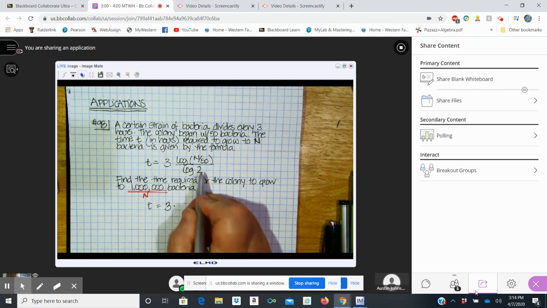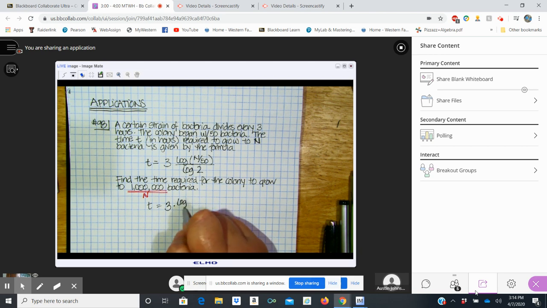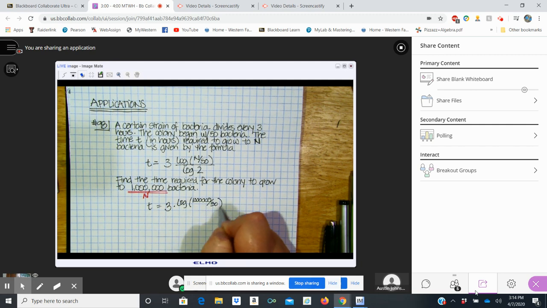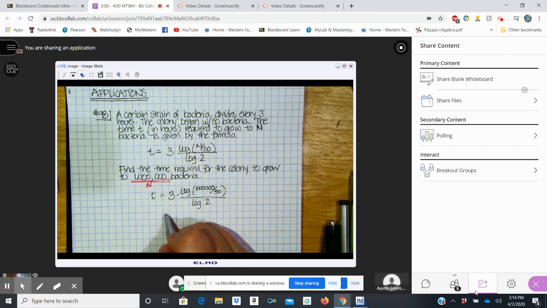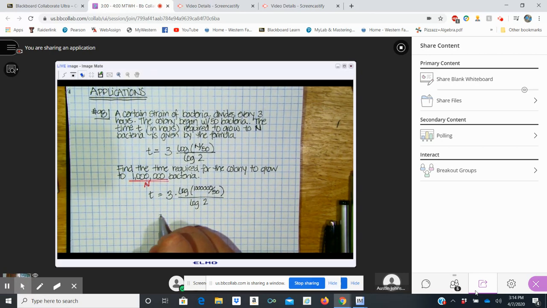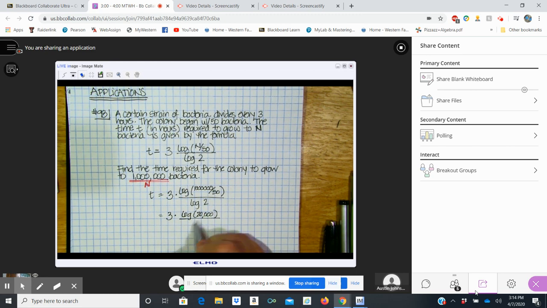So it's going to be 3 times the log of, and we're just going to plug in 1 million, divide that by 50, and divide that by log 2. So this will be log of 20,000 divided by log 2.